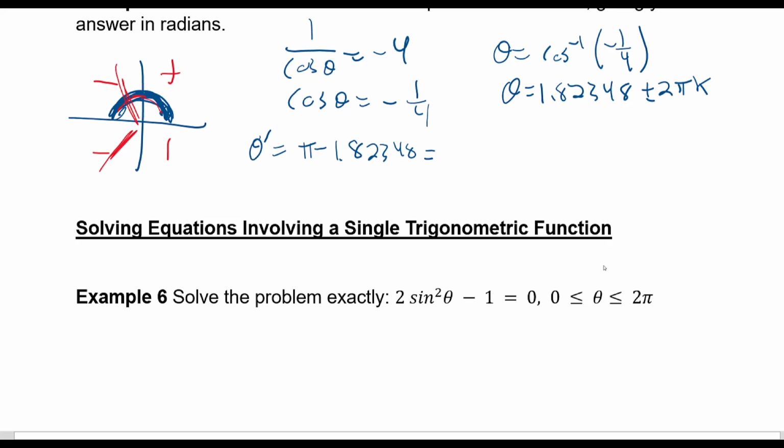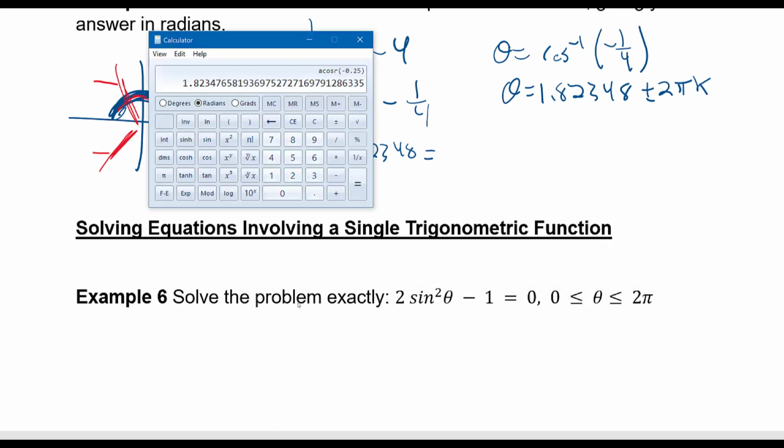Let's get the calculator up. So I'll make this negative again and add it to pi. I get 1.318116. If I go to the same number of places, 1.31812.